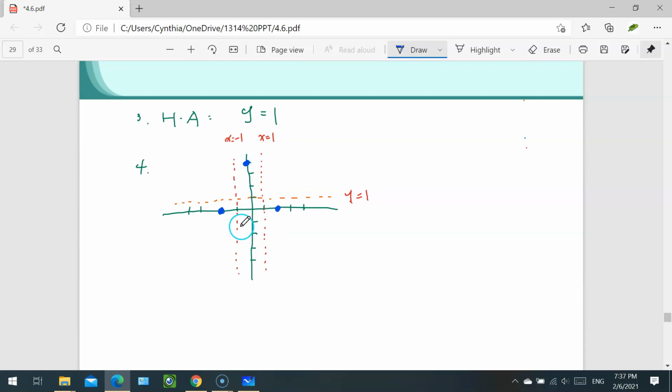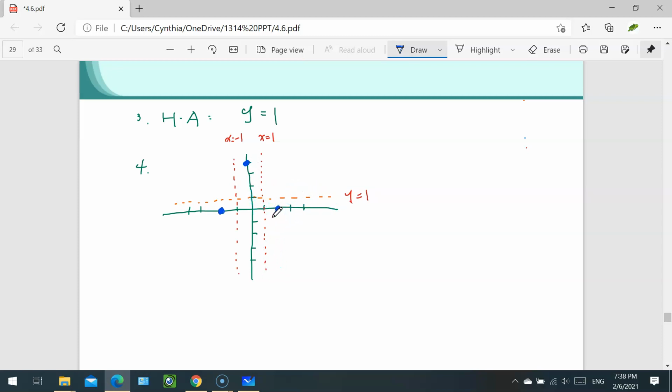Now, as you can see, the vertical asymptote tells us the curve never passes through it. The curve can never cross the vertical asymptote. So we have two x-intercepts here, this is the y-intercept, and we have the horizontal asymptote and the vertical asymptotes here.